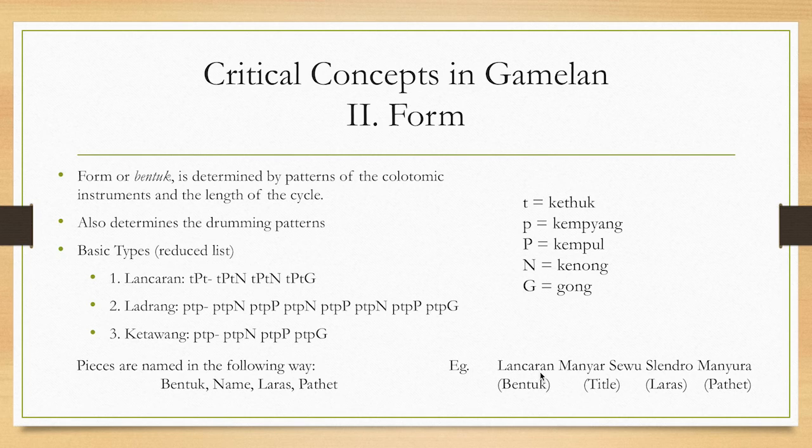It begins with lancaran. After the form, after the bentuk, we have the title of the piece, in this case, Manyar Sewu. Following that, we have the laras, is this slendro or pelog, in this case, slendro, and then the patet, or mode, which is manyura. So the full name of this piece is actually Lancaran Manyar Sewu Slendro Manyura.